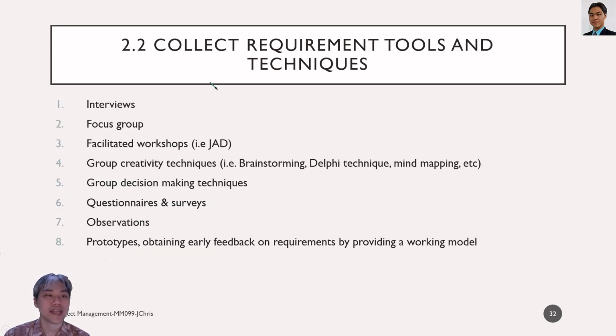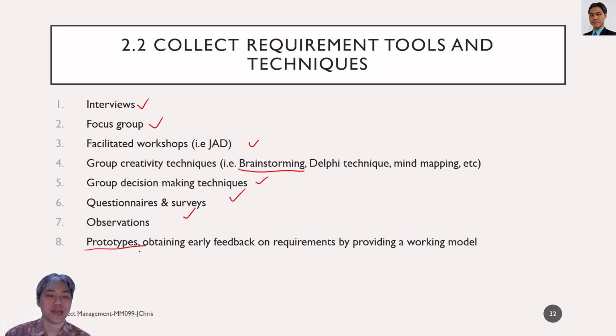How do we collect requirements? We can use interviews. Just talk with the stakeholders. You can use focus groups, usually in the form of focus group discussions, facilitated workshops, and group creativity techniques. We usually call it brainstorming. Also group decision-making techniques, questionnaires, surveys, observations, and prototypes.